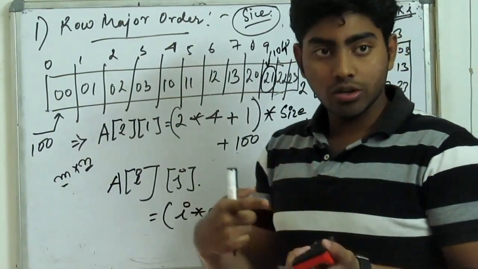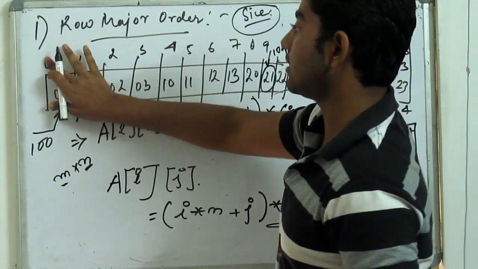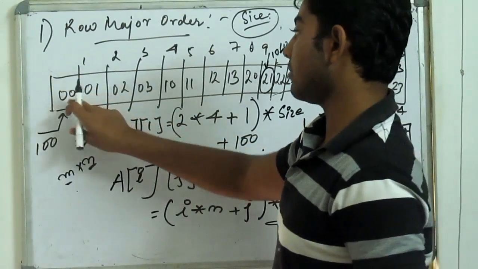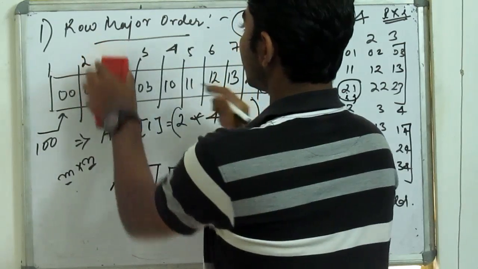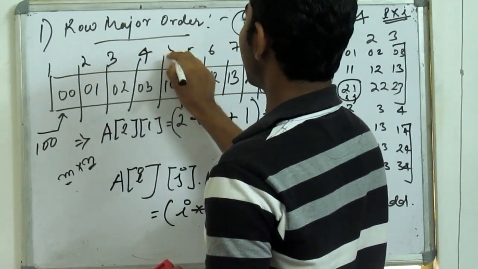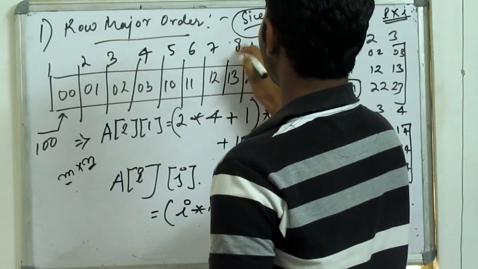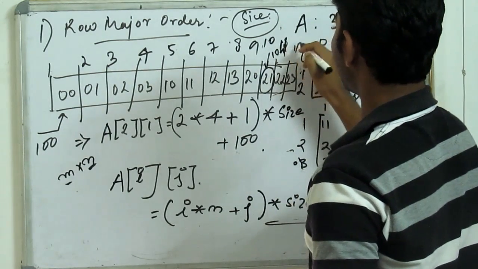Now, as I told you, it can be either 0 or 1. So suppose the element starting index is 1. Then it will be 1, 2, 3, 4, 5, 6, 7, 8, 9, 10, 11 and 12.